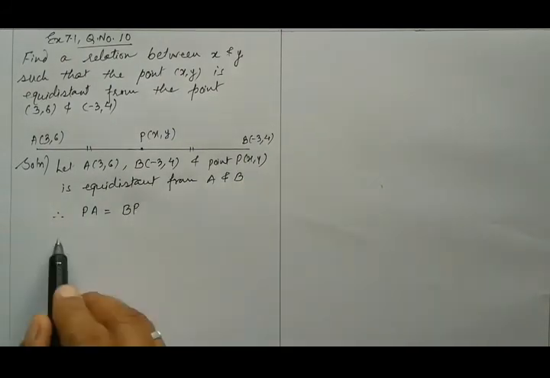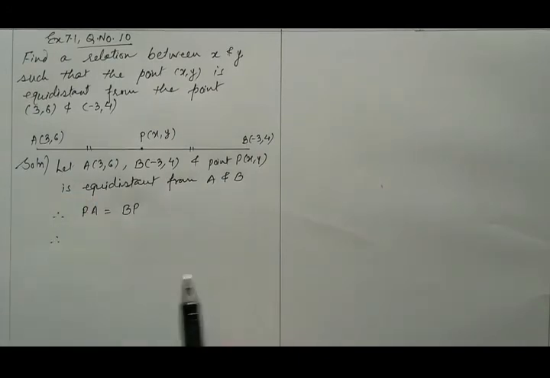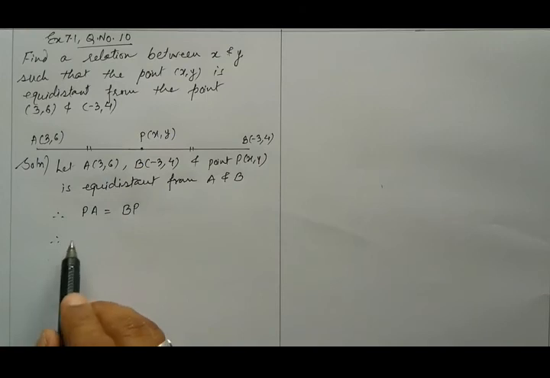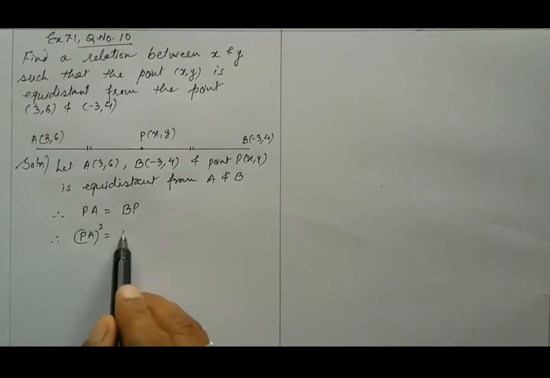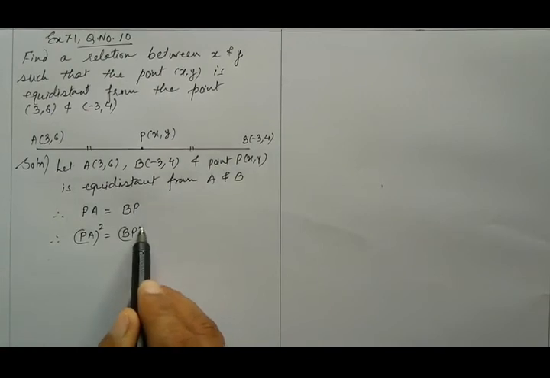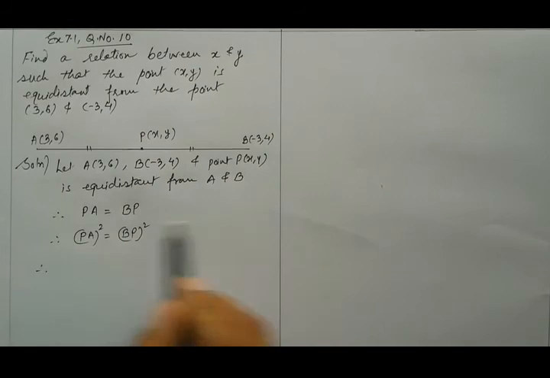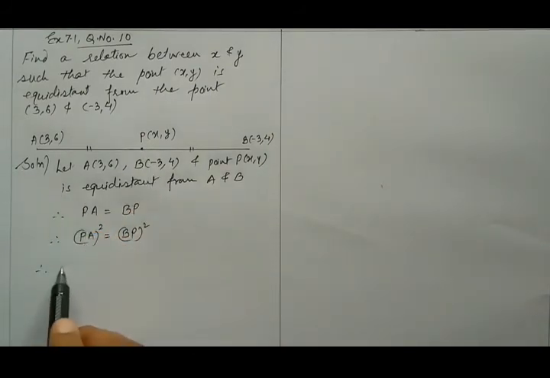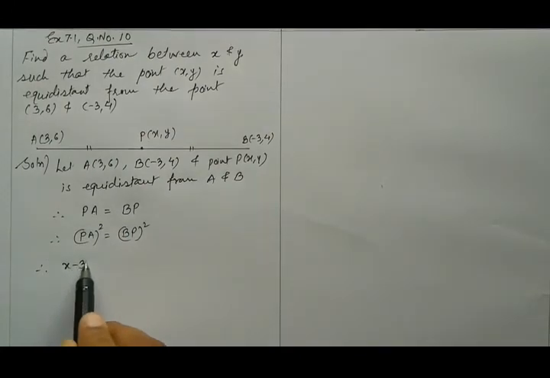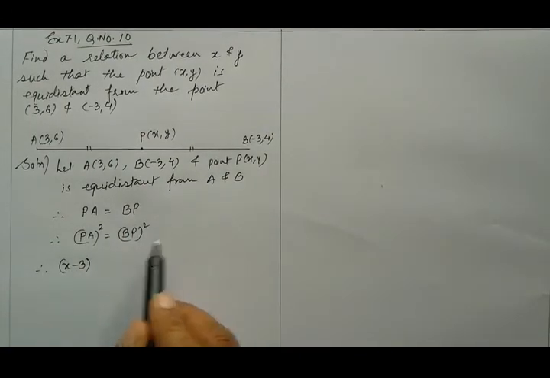Okay, so in question number 7 we have seen, we have taken under root. Here we will square it. So therefore PA square is equal to BP square. So using the distance formula, it is nothing but the distance formula only, the square root sign is not there because we have taken the square here.